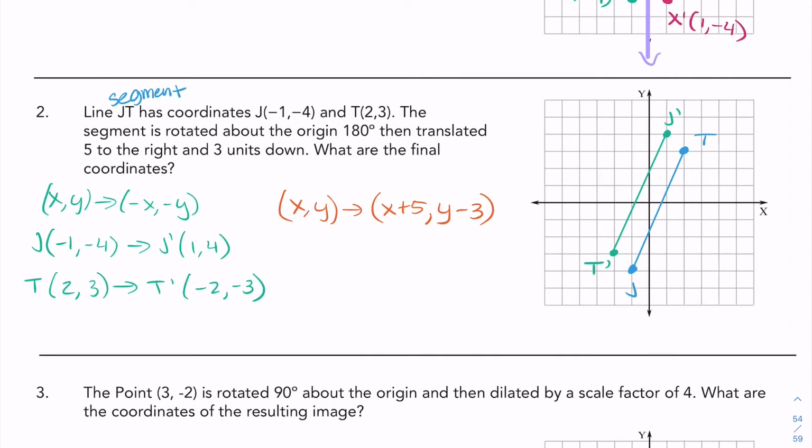And that's going to be 1, 2, 3, 4, 5 to the right and 1, 2, 3 down.